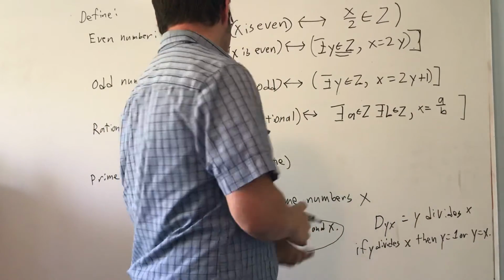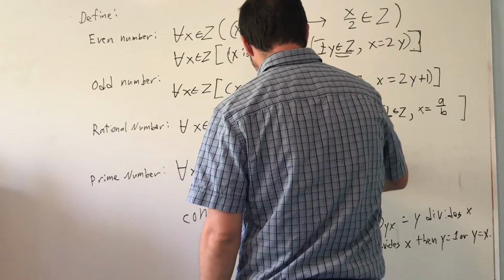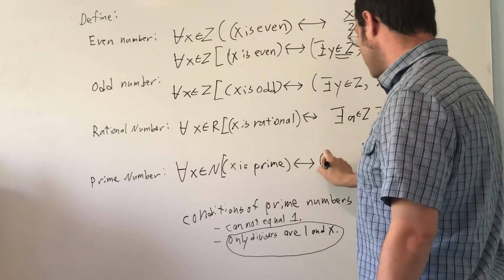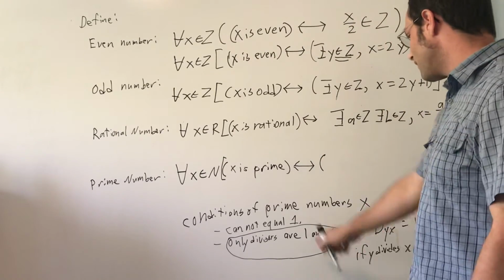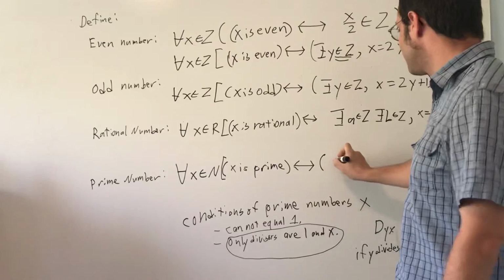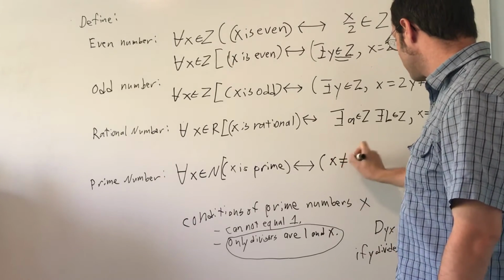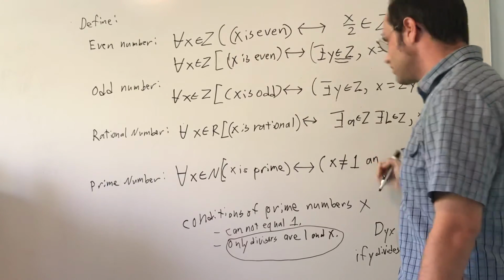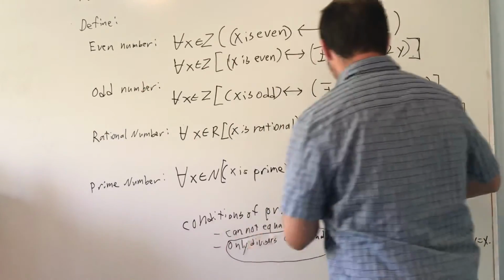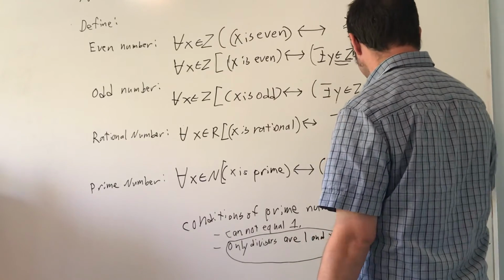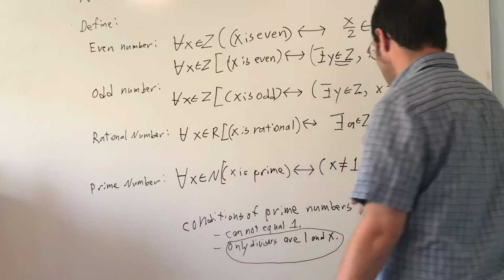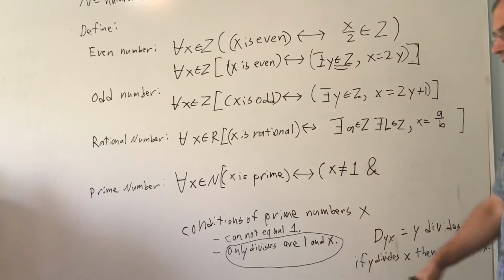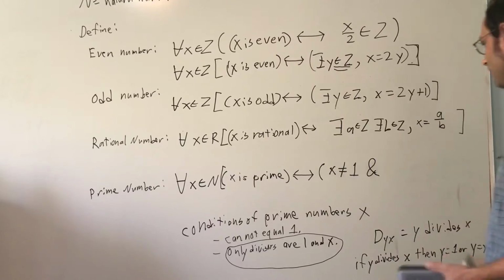All right, so let's look at here. So x is prime if and only if. There's a bit of stuff here. So the first thing is that x can't equal 1. And actually we'll use the ampersand. That's what we've typically been using for our ands, because both of these conditions have to be true at the same time.